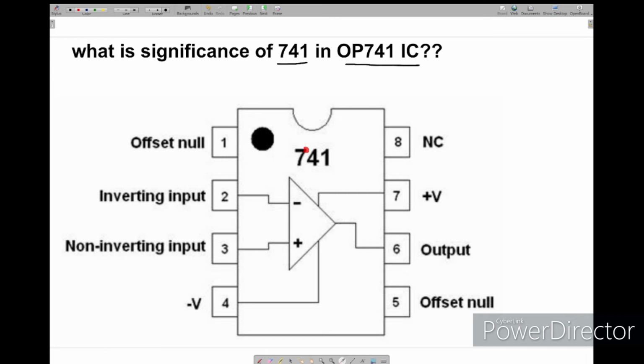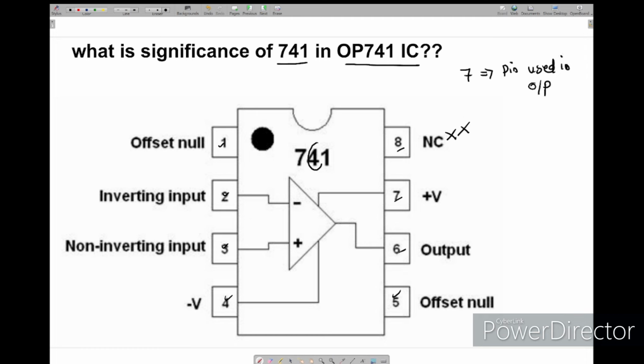The reason is, it is an 8 pin package, because we have pins 1, 2, 3, 4, 5, 6, 7, 8. 8 pins are there, but in that, the working pins are only 7, because one is a no connection pin. So 7 pins are used in the op amp.